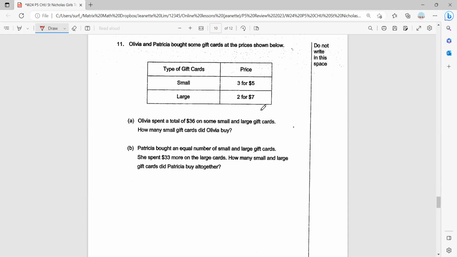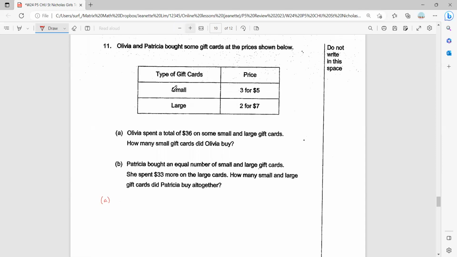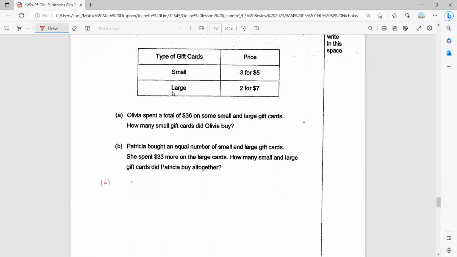We start off with finding the largest number of groups of large gift cards. Large gift cards are in groups of 2 at $7. So if you have $36, how many groups can you get? We take 36 divided by 7. What I'm finding is the maximum number of groups of large.